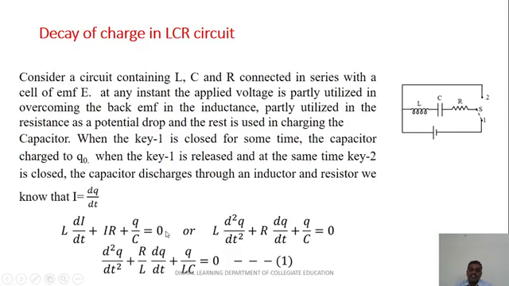The sum of these three is equal to 0. Applying I equal to dq by dt, the equation becomes L d square q by dt square plus R dq by dt plus q by C equal to 0. If you divide the whole equation by L, it becomes d square q by dt square plus R by L dq by dt plus q by LC is equal to 0.